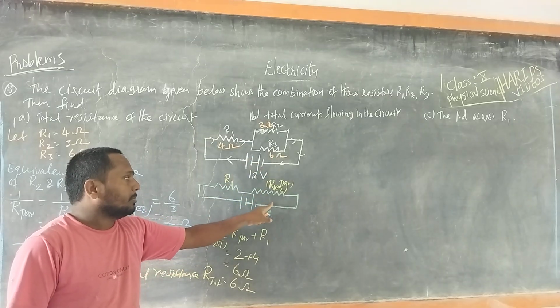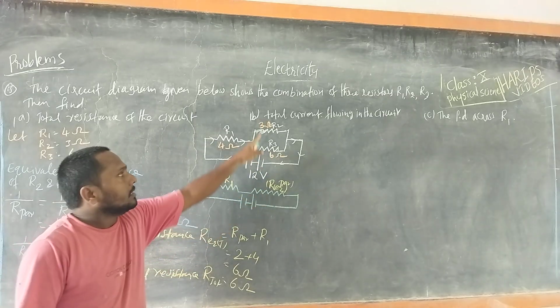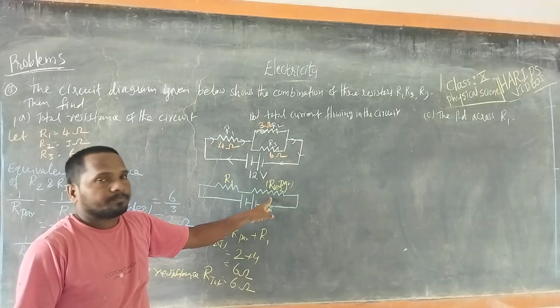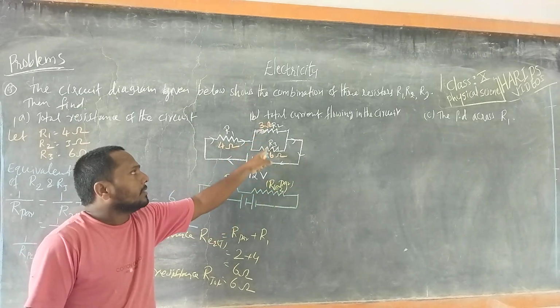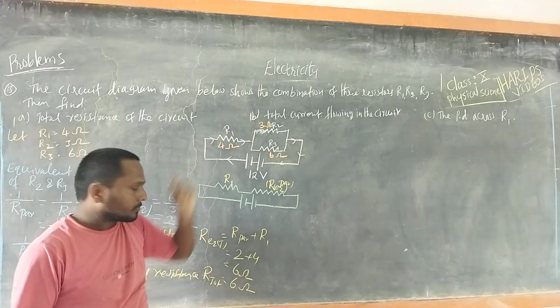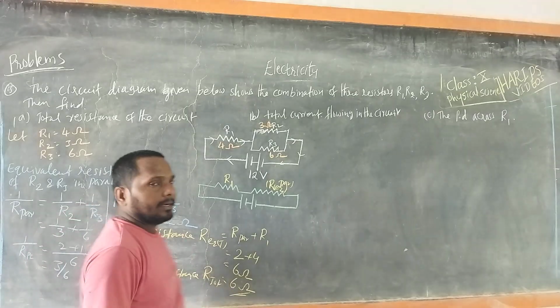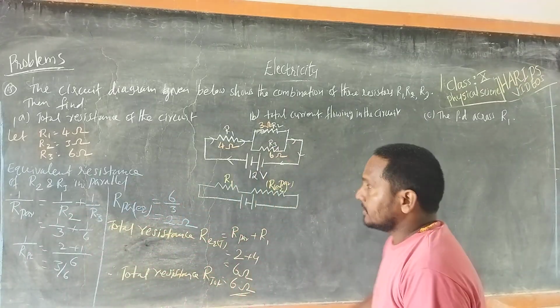So the diagram should be drawn like this. This is how we get it, by the combination of these. So we calculated the total resistance.